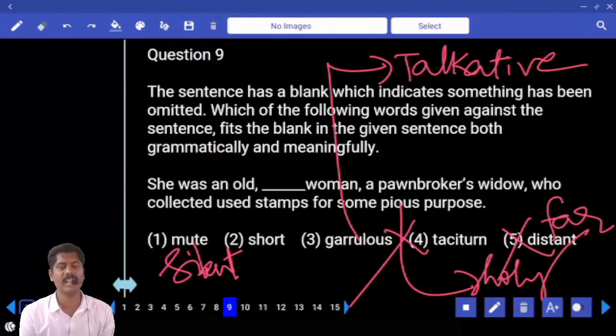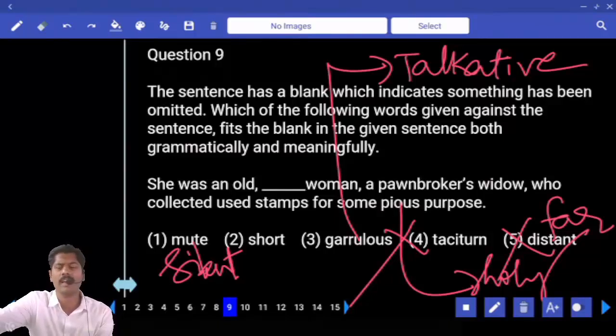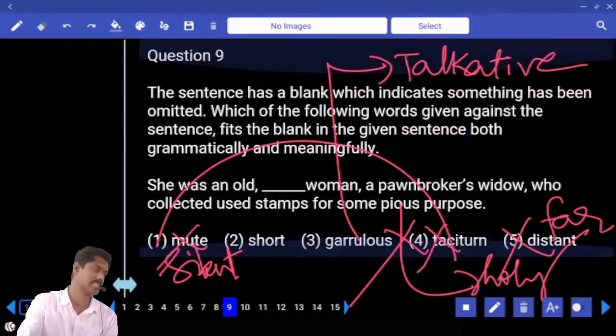And she collected used stamps. Already used stamps will be there. So she collected those used stamps for some holy purpose. So answer 1, 2, 3, 4. 3. Why? Did he mention anything related to talkative in the sentence? She was talking more, she was silent more. See, 1, 4 not possible because synonyms.